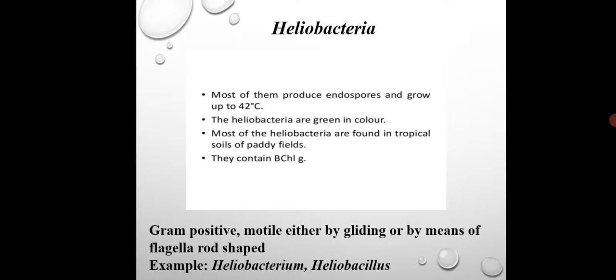And the shape is rod shape. Gliding is nothing but a slippery movement. It can slip, so that is the gliding movement. Examples include Heliobacterium and Heliobacillus. These are examples of heliobacteria.